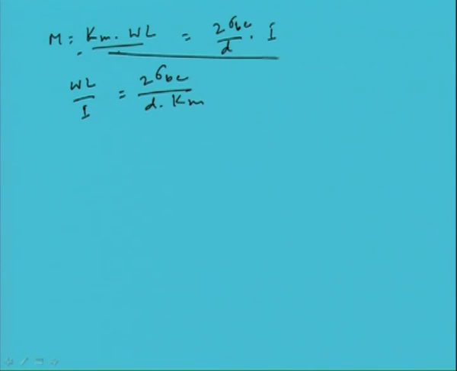From these two equations I can write like this: WL by I is equal to 2 sigma BC by D into Km.